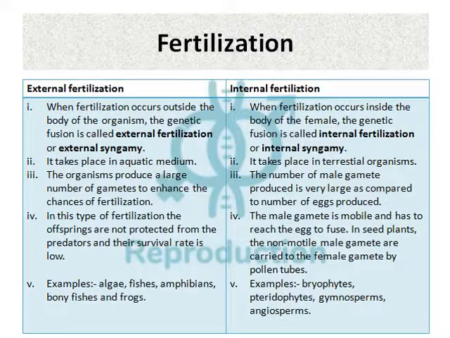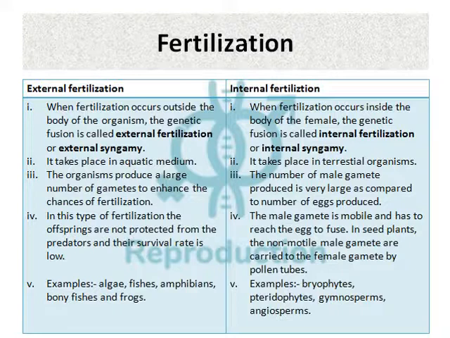Now it can be of two types: external fertilization and internal fertilization. If fertilization is taking place within the body of an organism, it is known as internal fertilization. But if the fertilization is taking place outside the body of an organism, then it is known as external fertilization. We can also call it external syngamy and internal syngamy.